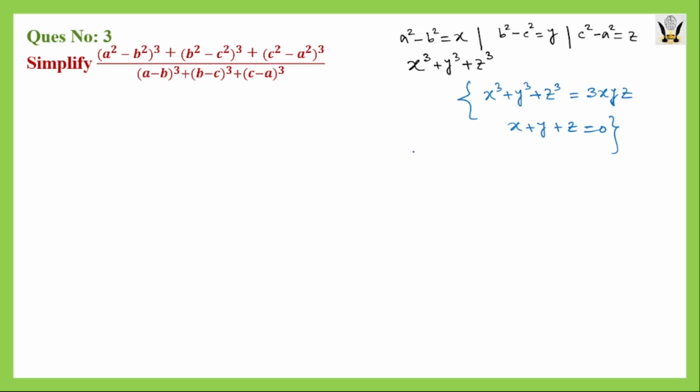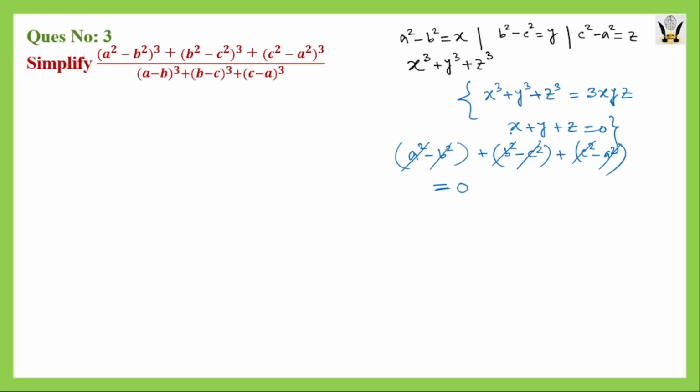Here x is what? x is a square minus b square, and what is y? y is b square minus c square, so plus y, and plus z. z is c square minus a square. Now if we simplify this, we can see here plus b square minus b square, plus a square minus a square, and plus c square minus c square will cancel each other, so the final value will be 0.